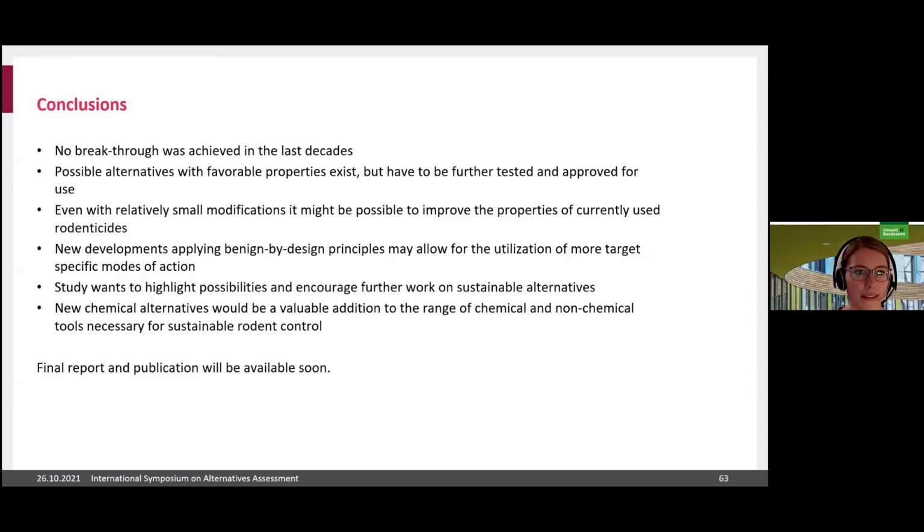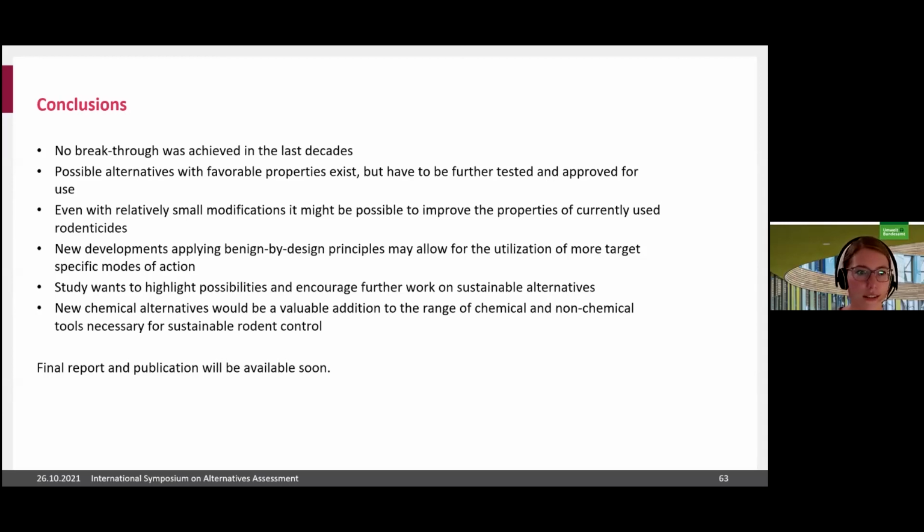But if we apply relatively small modifications to the existing molecules, we could also improve the properties of those substances currently used. And of course, we would prefer to find completely new alternatives, because only those would be able to tackle all the problems involved with anticoagulant rodenticides at the moment.